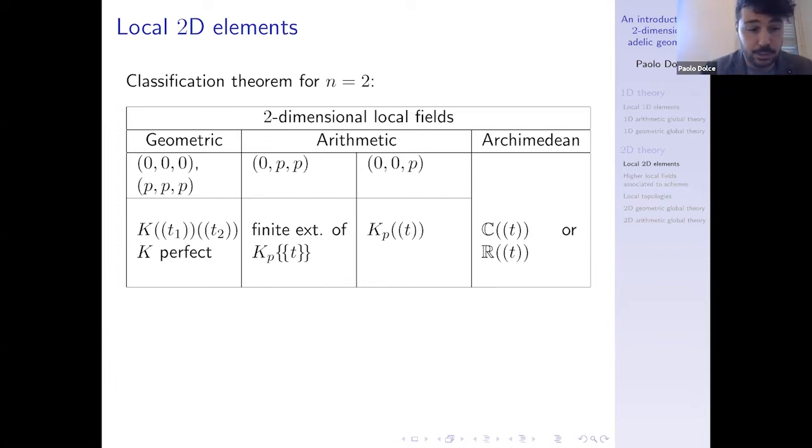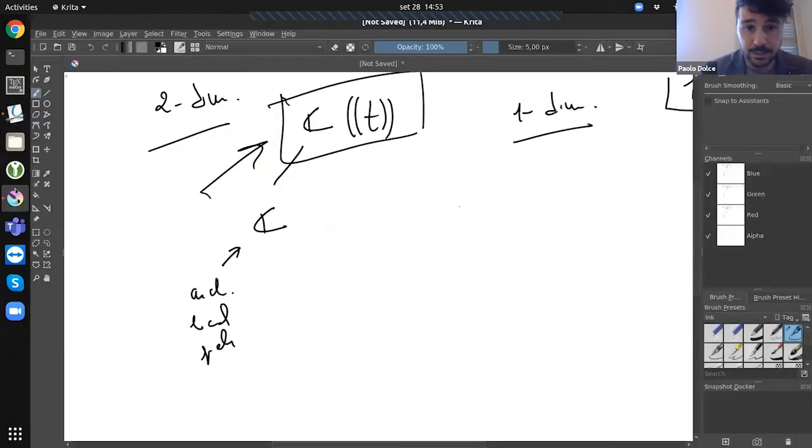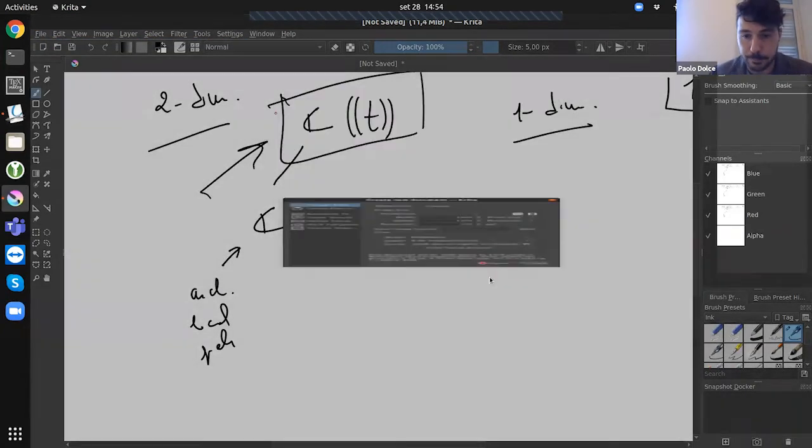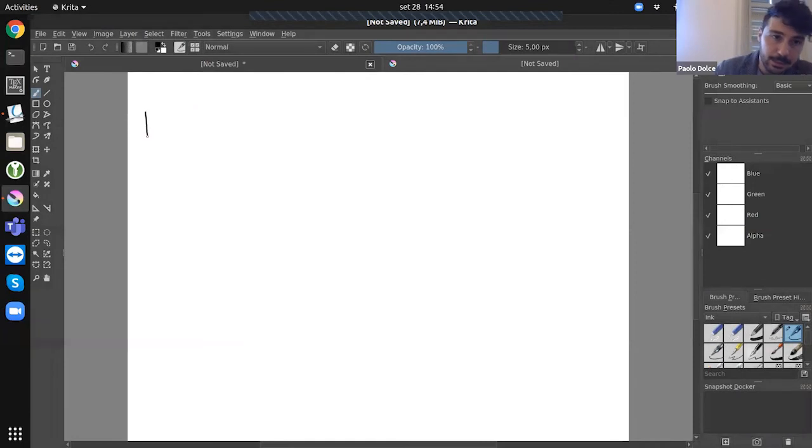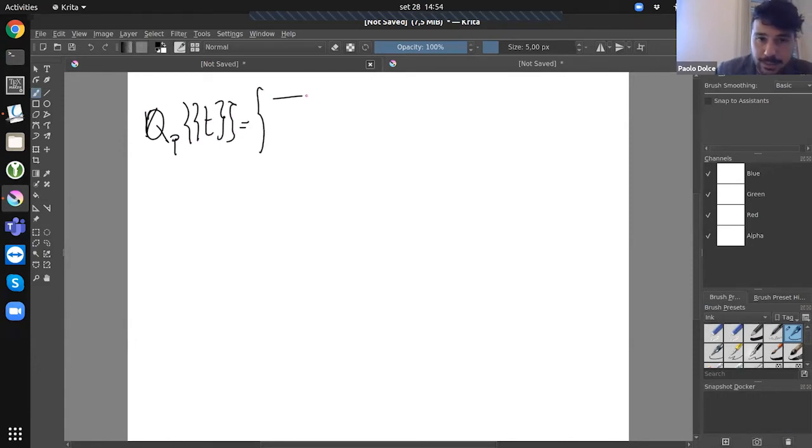So before continuing, I just want to explain this field with curly brackets. Let's say that we go with Qp. Qp{{T}} is the set of power series which are infinite on both sides, where the coefficients are p-adic numbers.